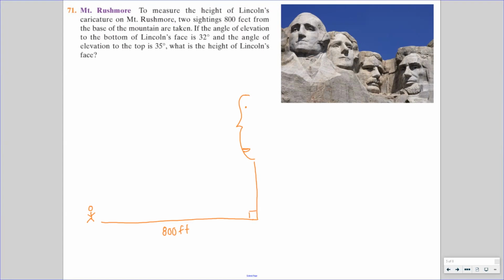We take 2 readings. The first we take to the bottom of Lincoln's face. So the angle of elevation to the bottom of Lincoln's face, right there, is 32 degrees.